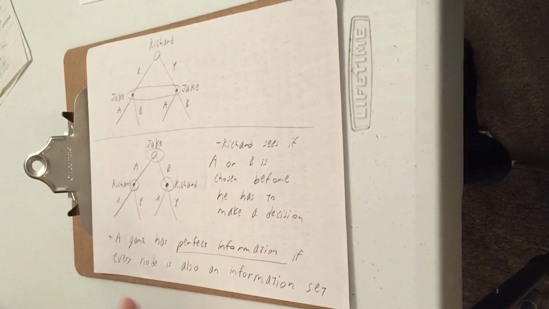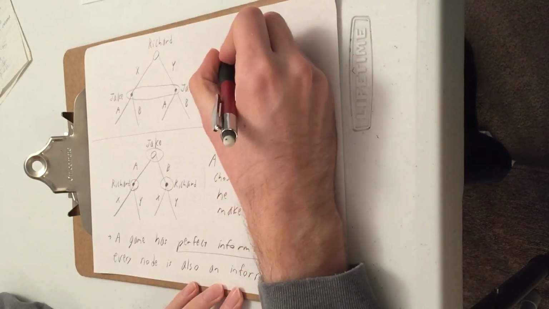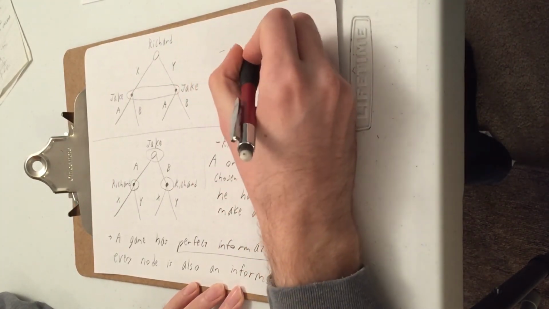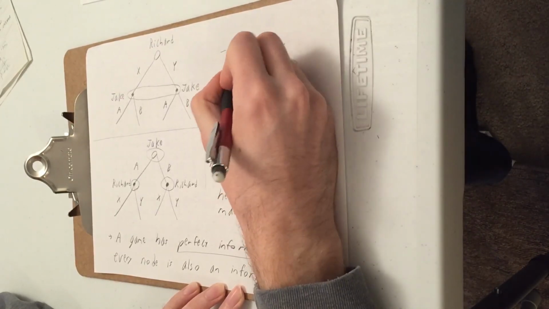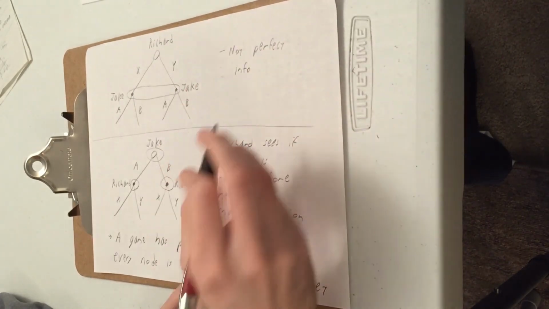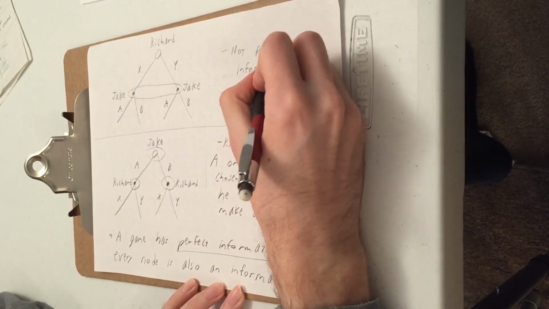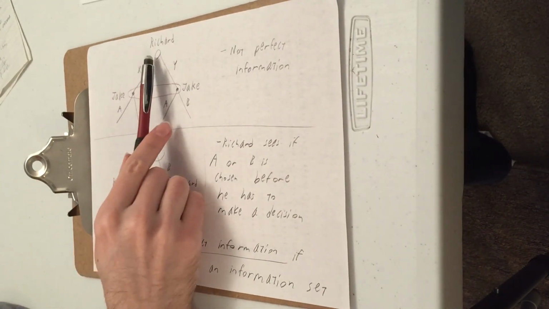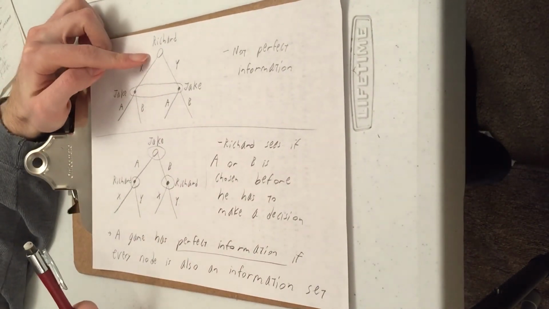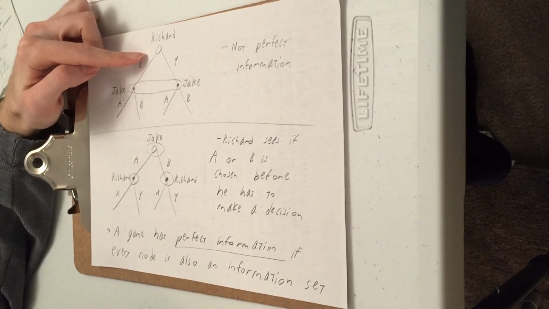This game over here would not be perfect information. That's because now we do have some uncertainty. Richard knows he's going to be up here in the game. He knows when the game starts.